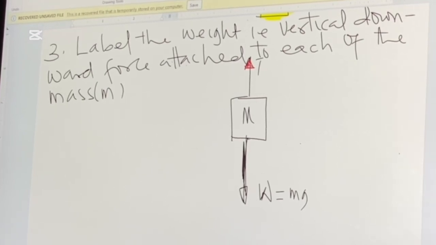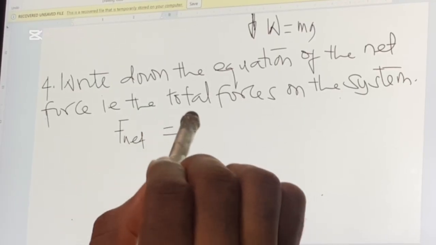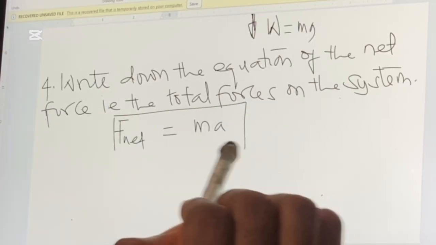The last concept here: write down the equation of the net force. That is the total forces on the system. Net force is always F net equal to ma.